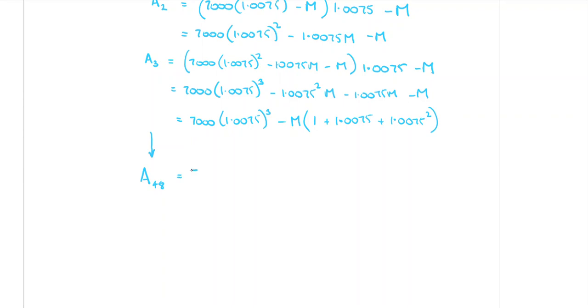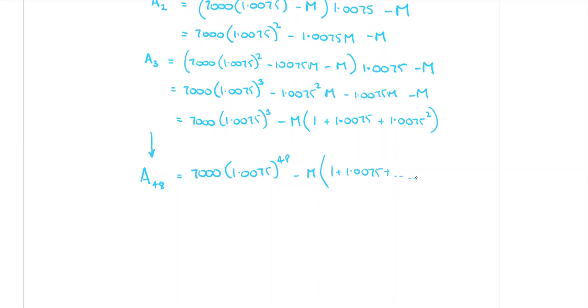So it'll be 7,000 times 1.0075 to the power of 48, minus m. And then this series that's in the bracket here, it's still going to be 1 plus 1.0075, and then plus 1.0075 squared, plus 1.0075 cubed, plus all the way up.